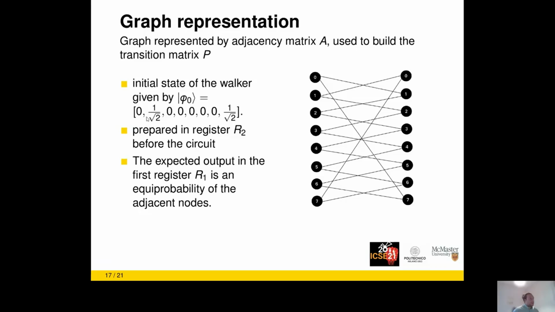This vector represents the position 0. Indeed, we have the same probability to move to node 1 and to node 7. This initial state is prepared in register R2 before the circuit, and the expected output is given in register R1.